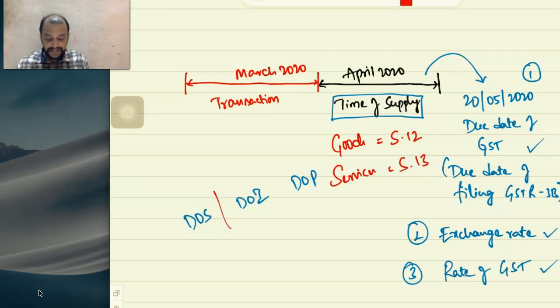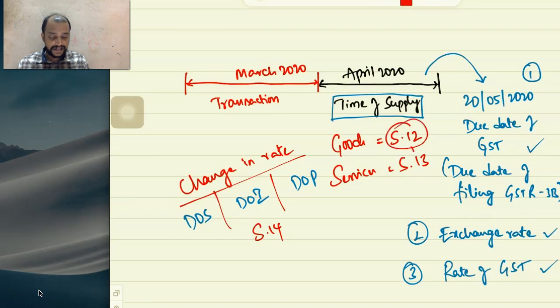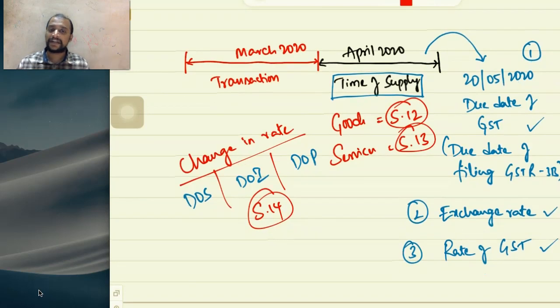And in between these three dates, which are the date of supply, date of invoice, and date of payment, if there is any change in rate, then the time of supply will be determined in terms of section 14. So these are the three sections related to time of supply. Section 12, time of supply in case of goods. Section 13, time of supply in case of services. And section 14, time of supply in case of change in rate.